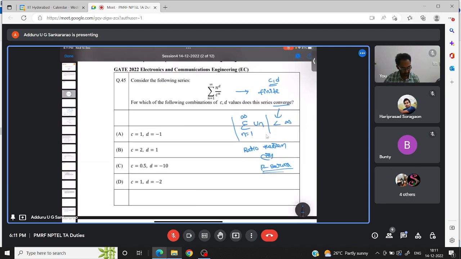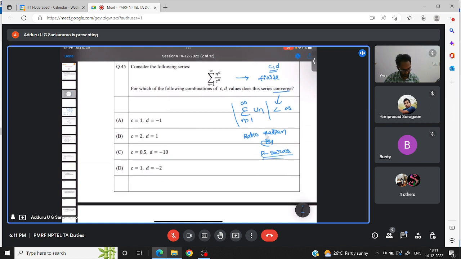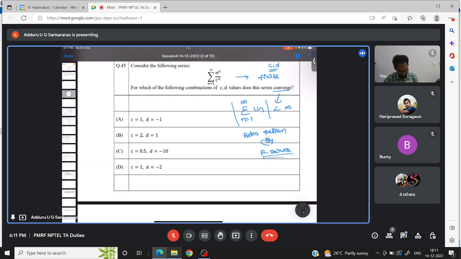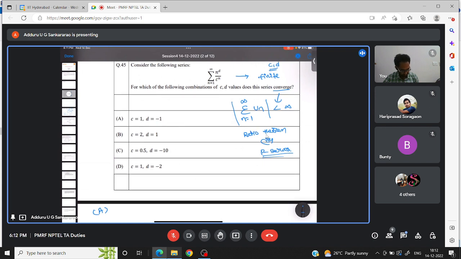So what is our ratio for the first option? Option-wise we'll check. For the first option, you take sigma n equal to 1 to infinity, n power d, which is minus 1, by c power n, where c is 1. So d is minus 1, right?